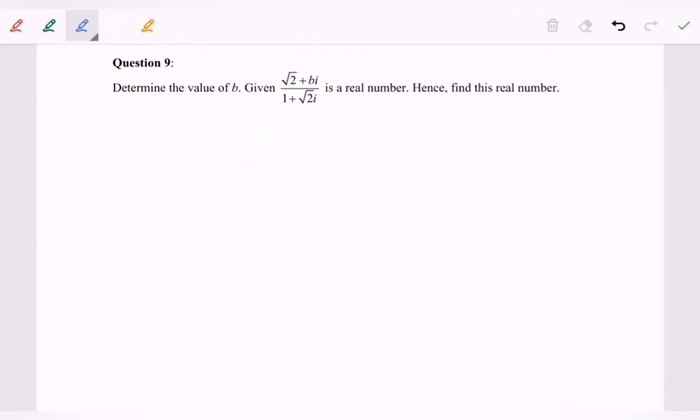So now let's get back to the questions. The question asks us to determine the value of b. So based on the answer, b equals 2. Next, given that the expression is a real number, in here, the real number is a + 0i.